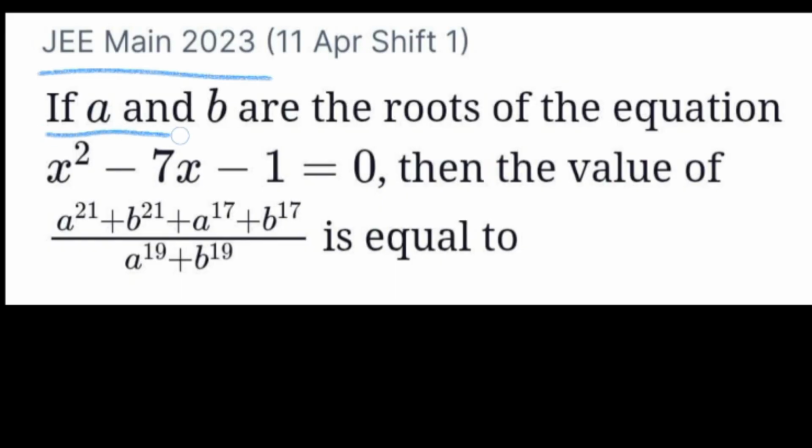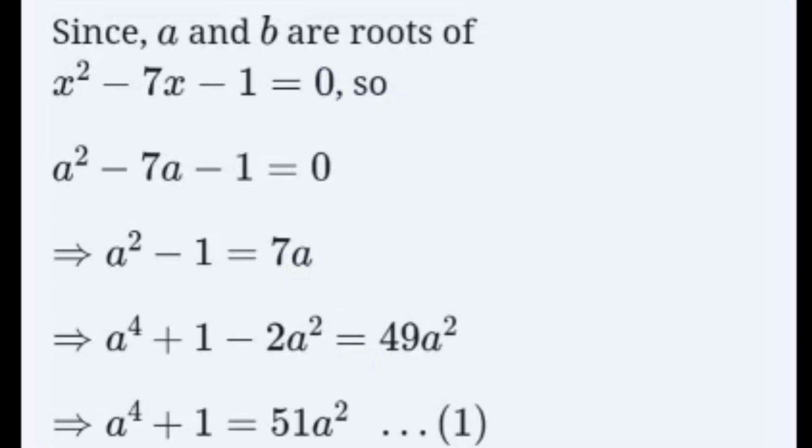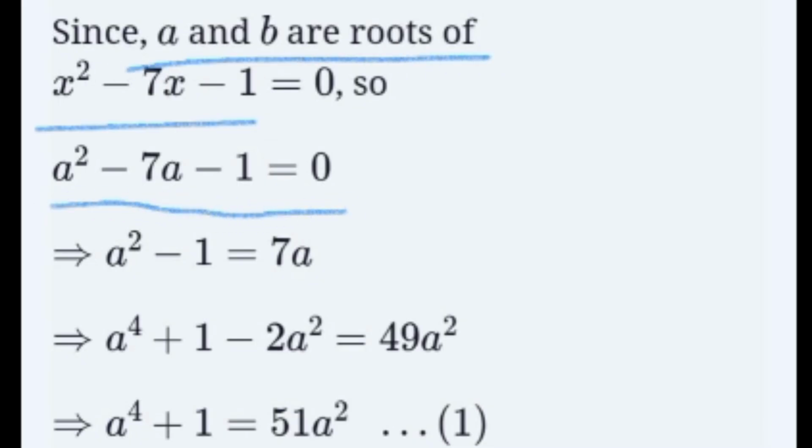Another JEE Mains 2023 question. If alpha, beta are the roots of the equation x square minus 7x minus 1 is equal to 0, then find the value of a power 21 plus b power 21 plus a power 17 plus b power 17 by a power 19 plus b power 19. Solution: since a and b are the roots of x square minus 7x minus 1 equal to 0, substitute a square minus 7a minus 1 is equal to 0, so a square minus 1 is equal to 7a.